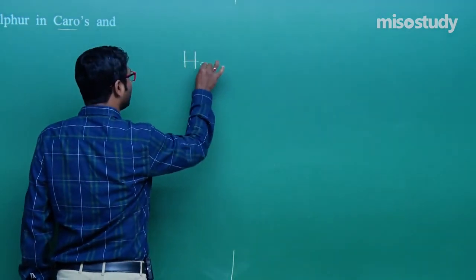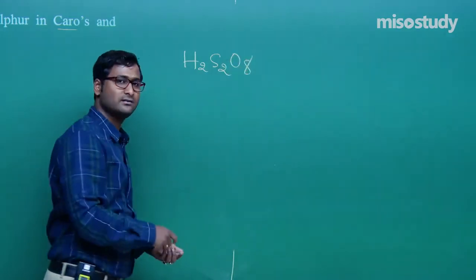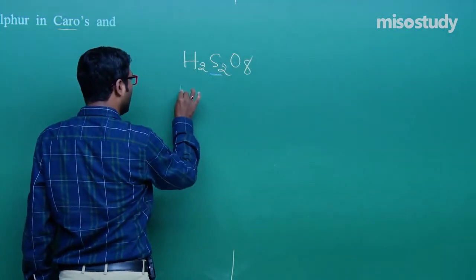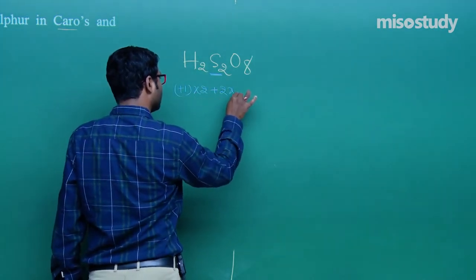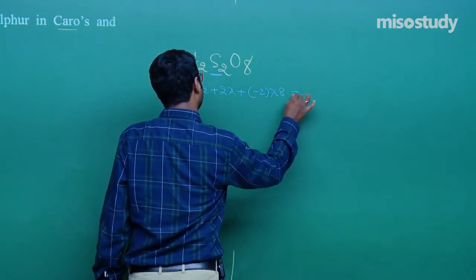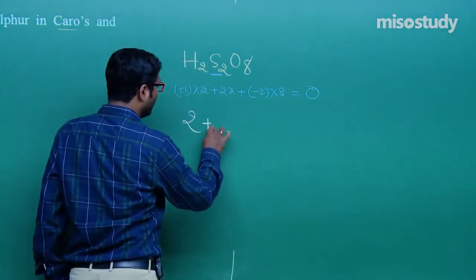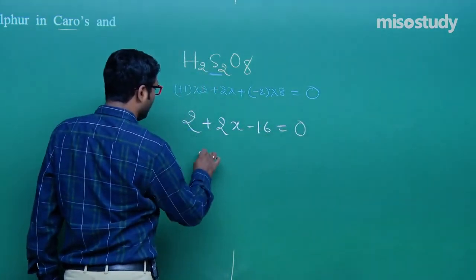The formula of Marshall's acid is H2S2O8. Clear? Now by using the formula, plus 1 into 2 plus 2x minus 2 into 8 is equal to 0. Clear? Now 2 plus 2x minus 16 is equal to 0.